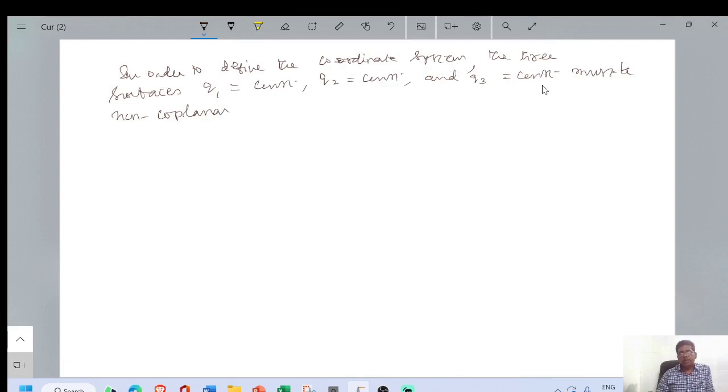Non-coplanar means they are not in the same plane, they are in different planes. This means that the base vectors must be non-coplanar.